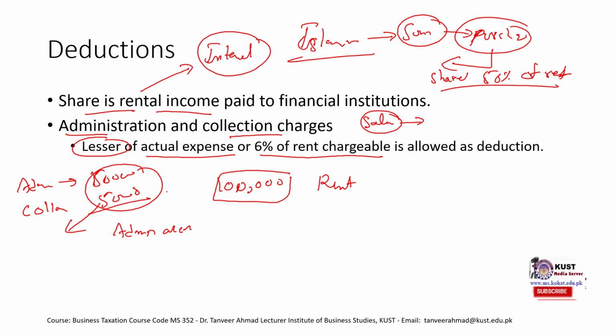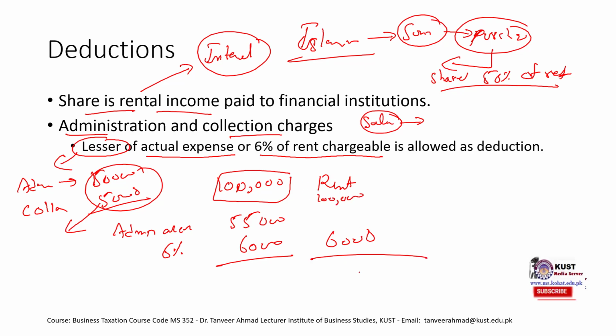So let us say in this case the actual admin and collection expenses are 55,000 rupees, but 6% of this 1 lakh rupees is 6,000. So which one is allowed as deduction? The lesser of these amounts. Sorry, the rent is 1 lakh rupees. Let me write it over here. 6,000 rupees is allowed as deduction. So the tax would be paid on 94,000 rupees rather than the whole sum of 1 lakh rupees.